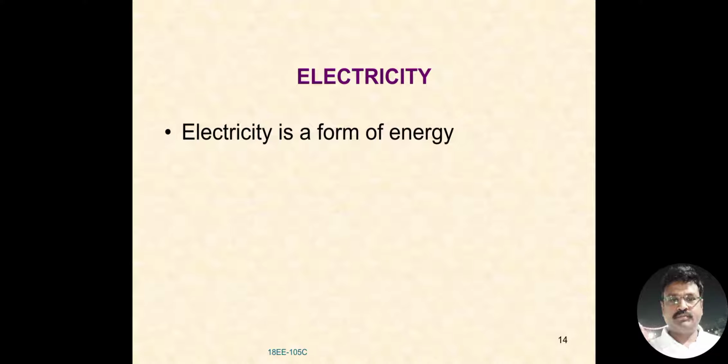The nature of electricity can be explained on the basis of the modern electronic theory of matter. In order to know the nature of electricity, it is necessary to consider the structure of matter. Matter is defined as anything that occupies space and has weight, such as copper, water, air, aluminium, silver, etc.